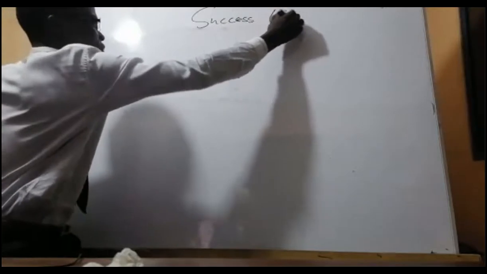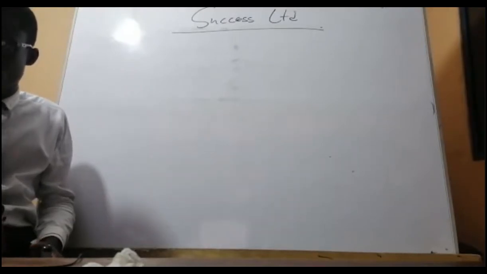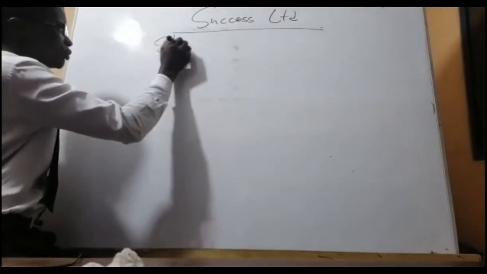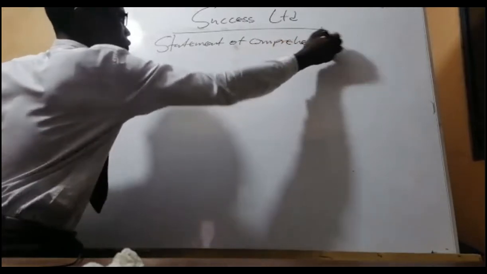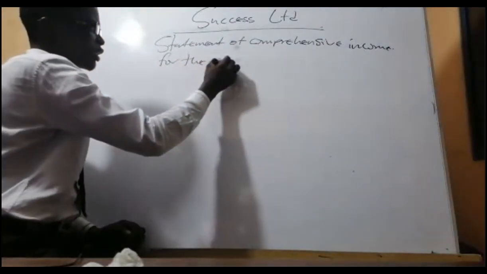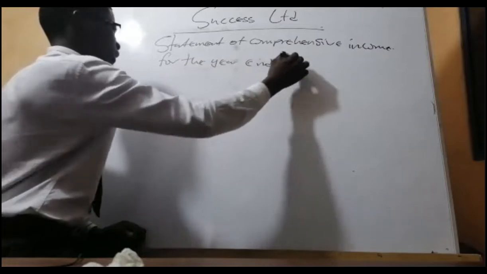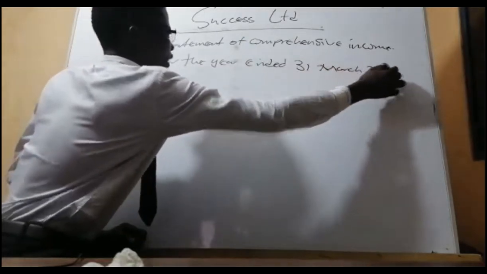Then the requirement: statement of comprehensive income for the year ended 31st March 2019.